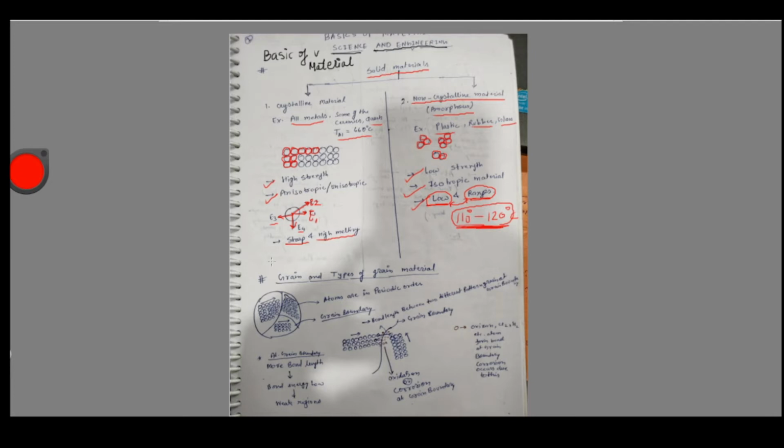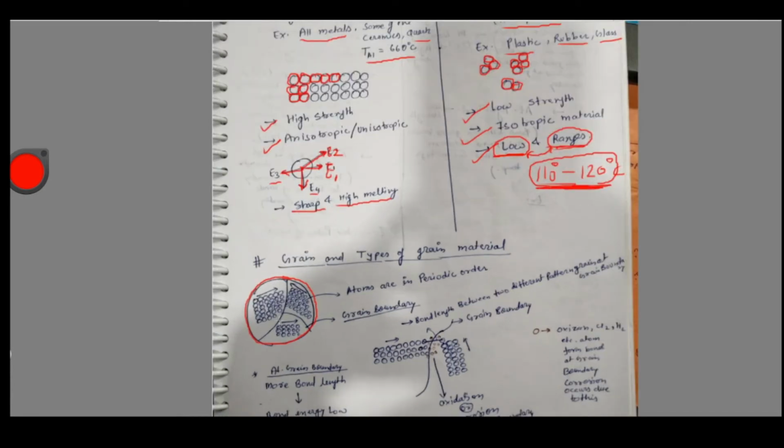Okay, now we will talk about the grain types and grain material. Suppose at a particular point of a material, the arrangement of atoms is like this.